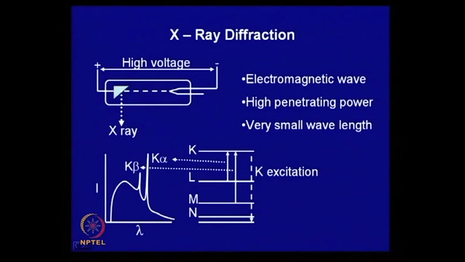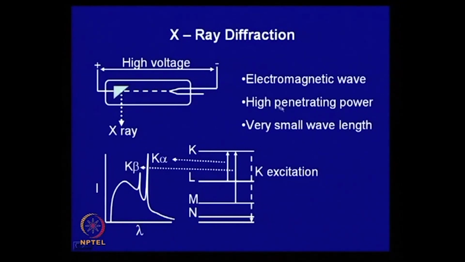In X-ray diffraction, we use an X-ray beam, and X-ray is an electromagnetic wave. It has a very small wavelength. As we said, resolving power is a function of wavelength in the case of an optical microscope. In fact, if the wavelength becomes very small, it is possible to resolve even the crystal structures of solids.